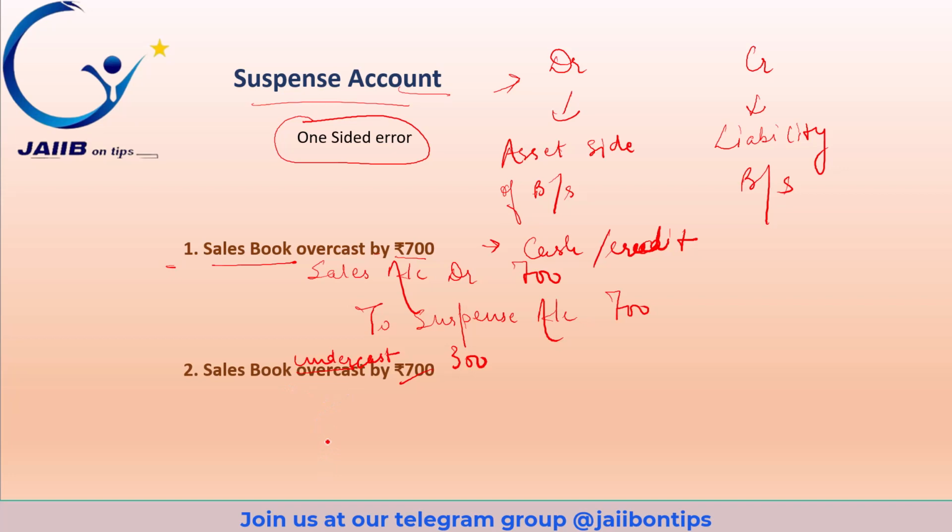So here we will credit sales account by rupees 300. And what will we debit? We don't know the account which has to be debited, so we will use the suspense account. So suspense account will be debited by rupees 300, and this amount will be given to the sales account because we have given less amount to sales book. Correct? I hope this is clear.